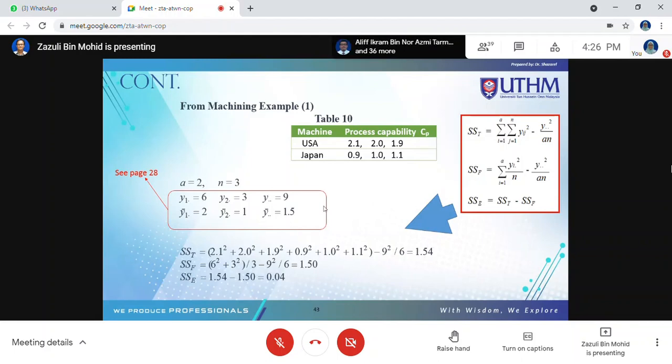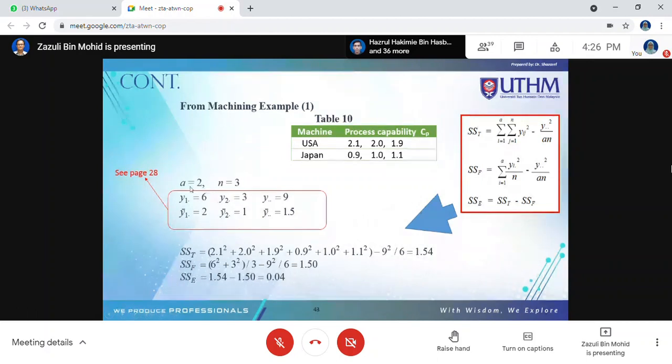In this case, we take this sample of data, where we still have two levels for one factor, and each level has three responses. The total of the responses is 6.